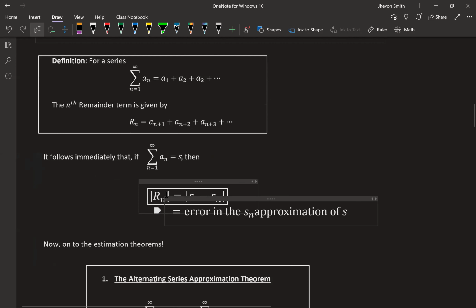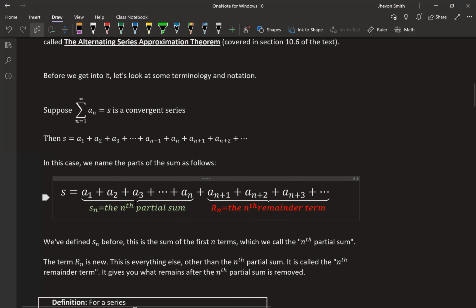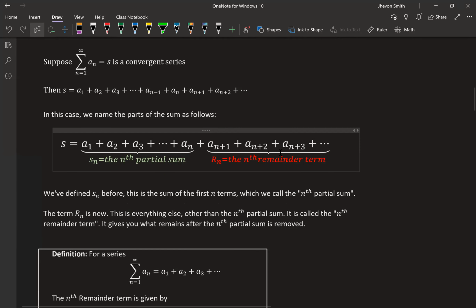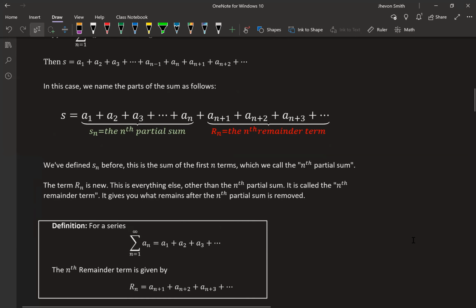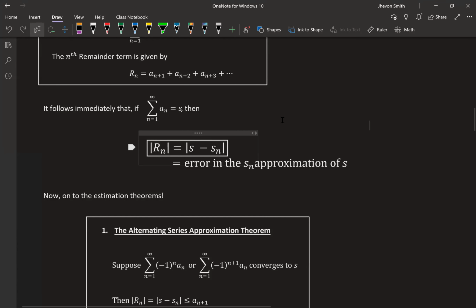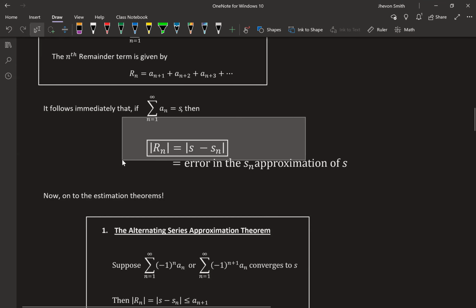So clearly, if you take the magnitude of the remainder term, it is going to be the difference in magnitude between the actual sum S and the nth partial sum, right? If I subtract Sn from both sides, I would get Sn minus S is equal to the remainder term. So the remainder term actually measures the difference between the actual value of my sum and the nth partial sum. So this gives me the error in the approximation.